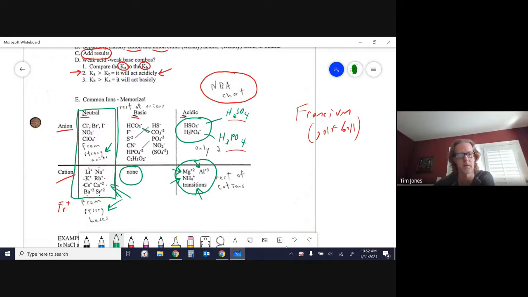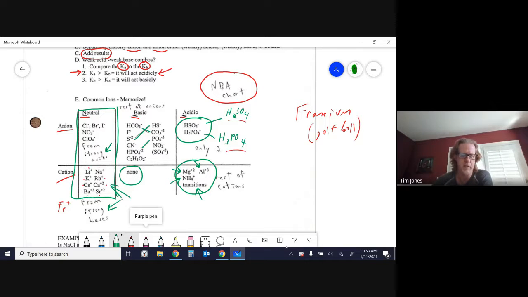So those 2 go together. Same with HS and S minus 2, and same with HPO4 minus 2 and phosphate. So when I memorized this chart, I started with those 3 pairs, and then I went through the rest.